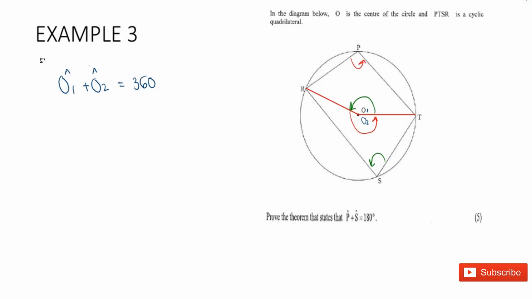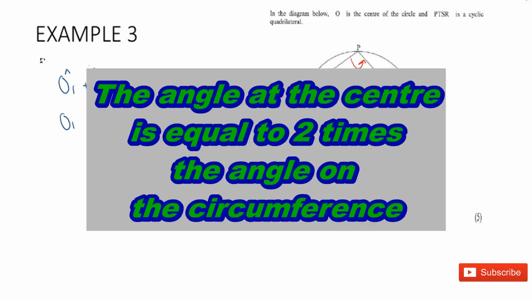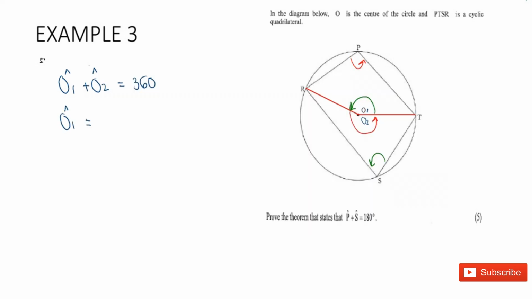The angle at the center is angle O1, and that theorem states that it is 2 times the angle at the circumference, which is S. For angle S, we will be focusing on that part of the shape, and that angle is angle O1.